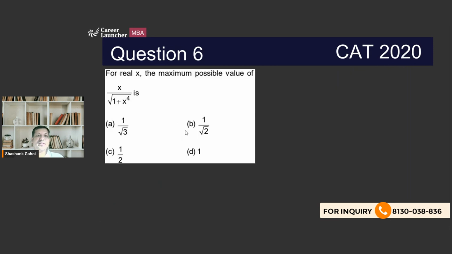What does it say? For real x, the maximum possible value of this. So I need to figure out what is the maximum possible value of this.